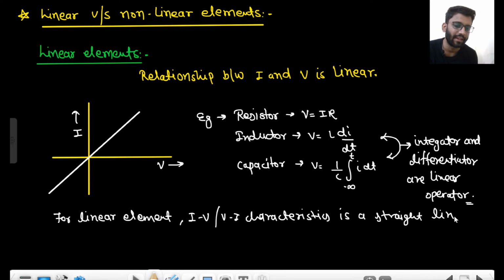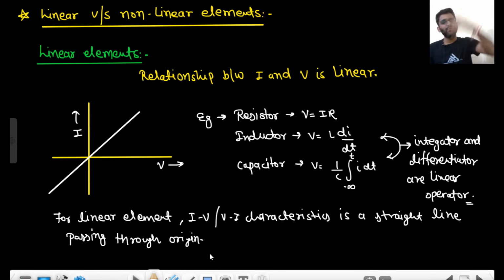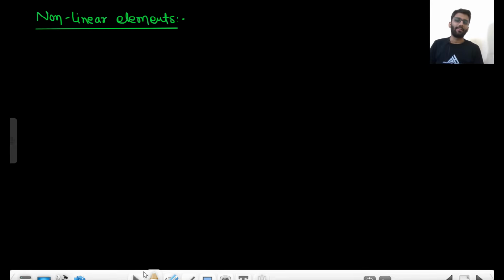So the basic thing is that if V is increasing, your current should always increase. If V is increasing in the negative direction, your current should increase in the negative direction. If your V is increasing in the positive direction, your current should increase in the positive direction. That's it. This is what a linear element is. So basic linear elements are resistor, inductor and capacitor. That we studied in 11th, 12th class.